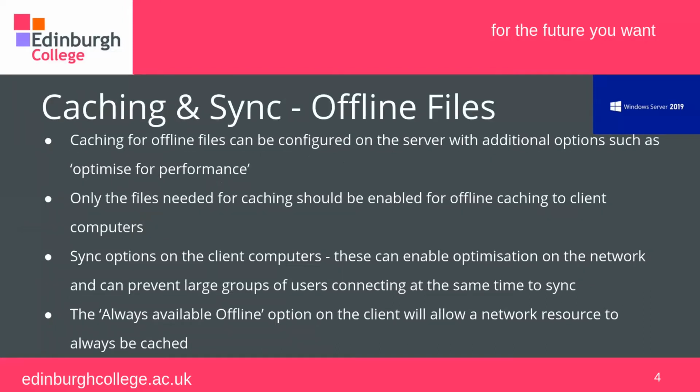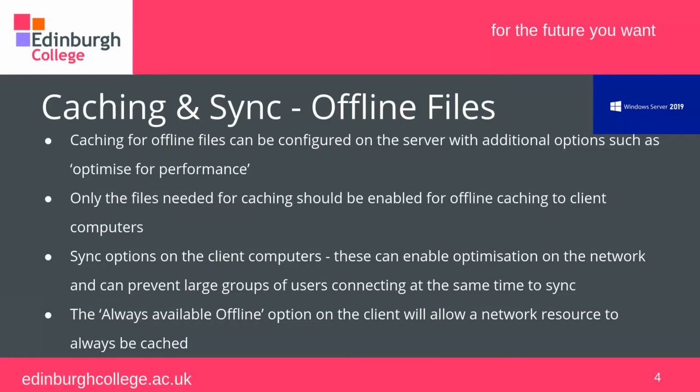Some options in offline files: caching can be configured on the server, with additional options such as optimize for performance that I talked about on the previous slide, and only the files needed for caching should be available offline. There's no point in making lots and lots of files available offline.